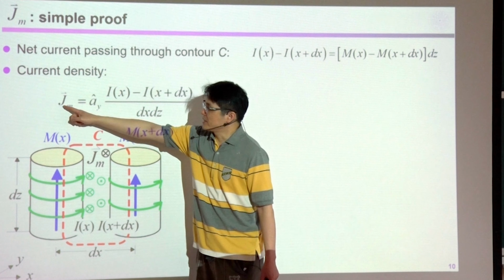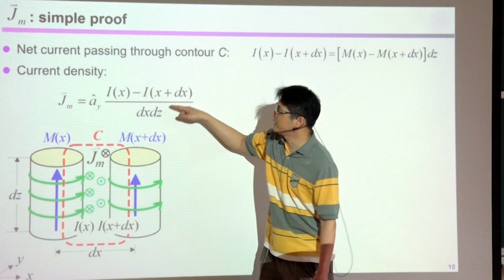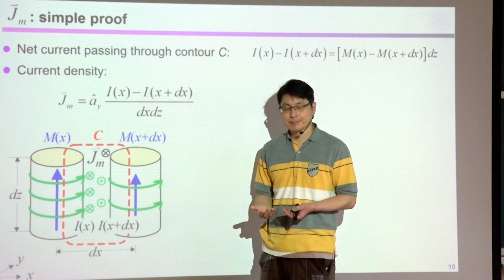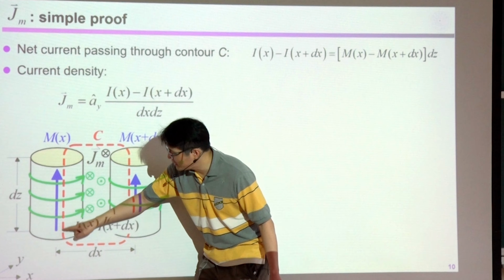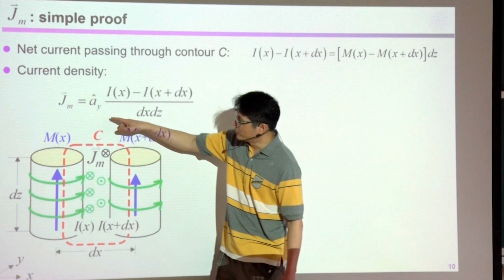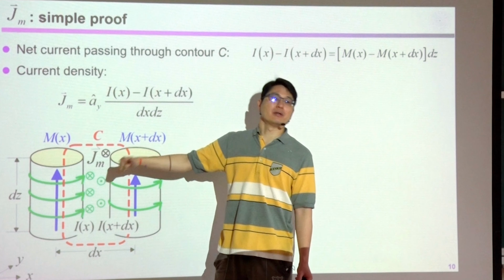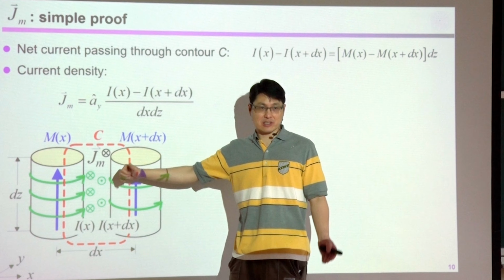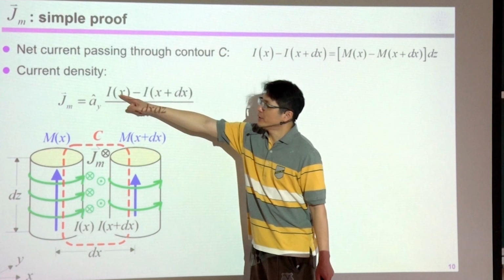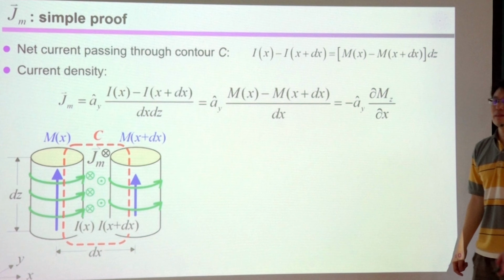So the current density is basically I, the net current, divided by the surface area, right? Surface area is dz times dx. And I know the currents are in the y direction, right? Into the paper or out of paper, but in any case, it's in the y direction. We already know how to formulate the net current, right?